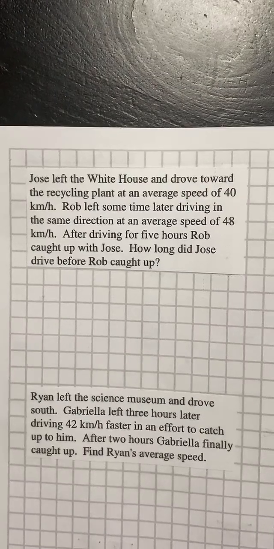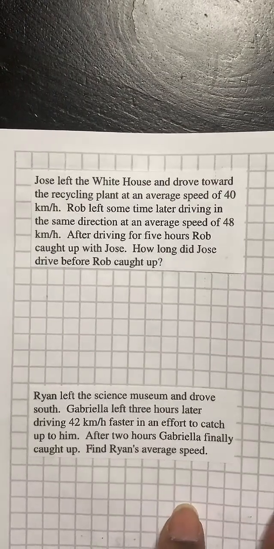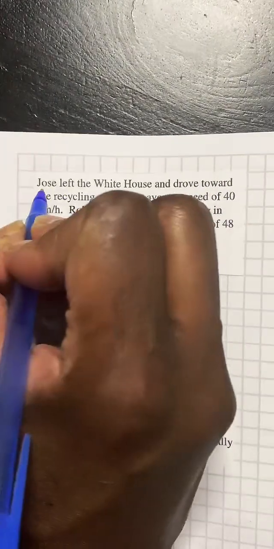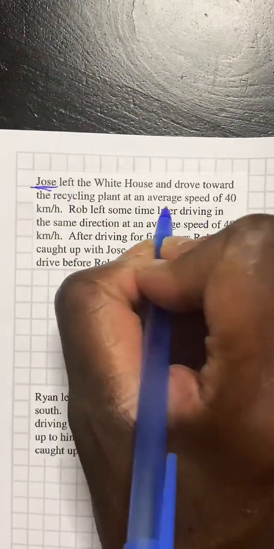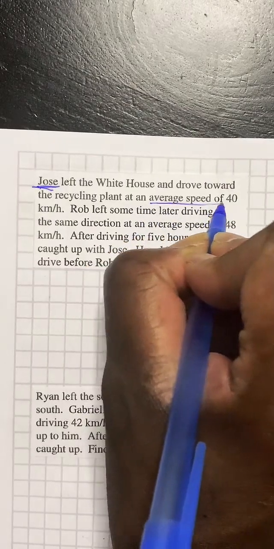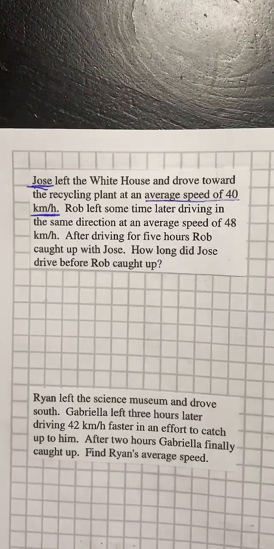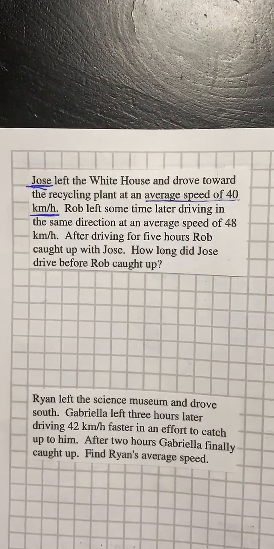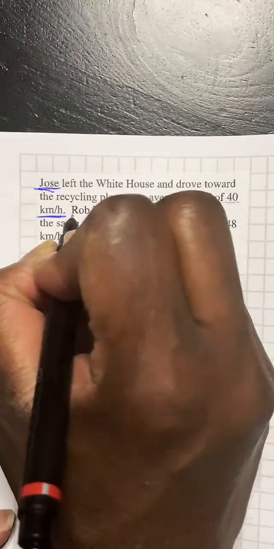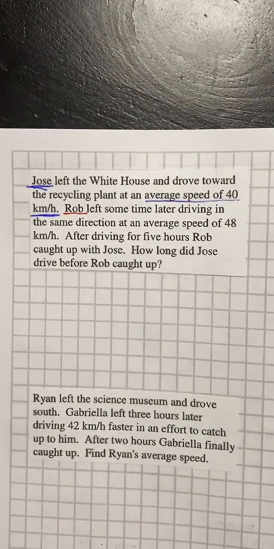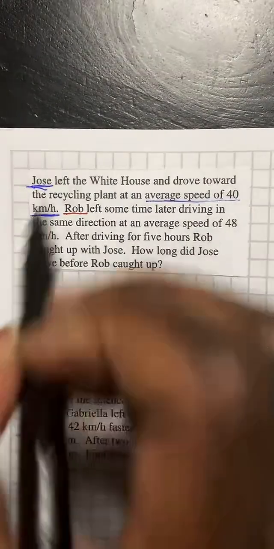All right. So what's important? One, we got two people here. We have Jose, and Jose is at an average speed of 40 kilometers per hour. Then we have Rob, who left some time later. Okay, same direction. That's important.